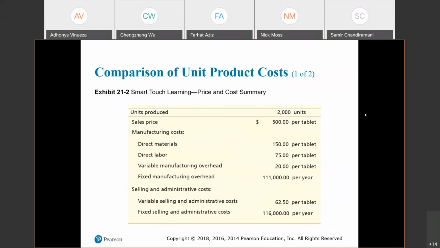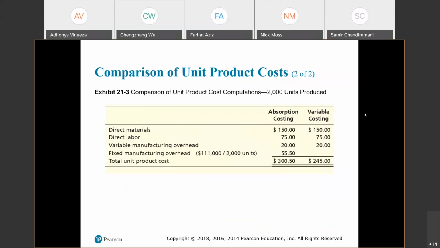In addition, the unit product cost using variable costing will include only variable costing. They are direct materials, direct labor, and variable manufacturing overheads.